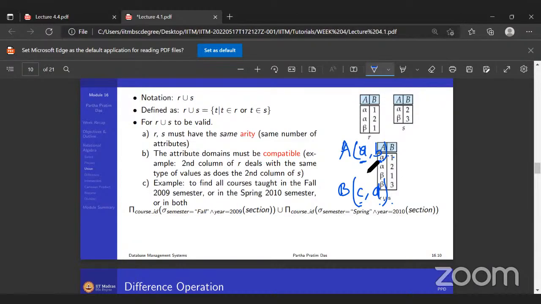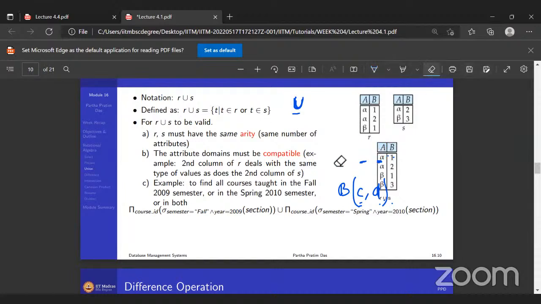Okay. So for the union, this is the operation we denote by the cup symbol, meaning U, like the U operation.